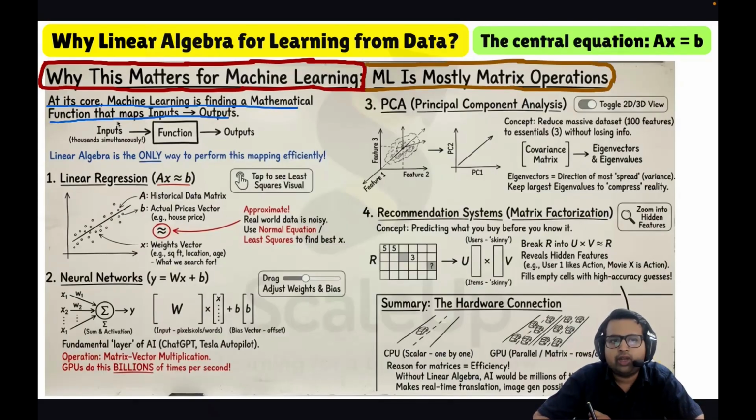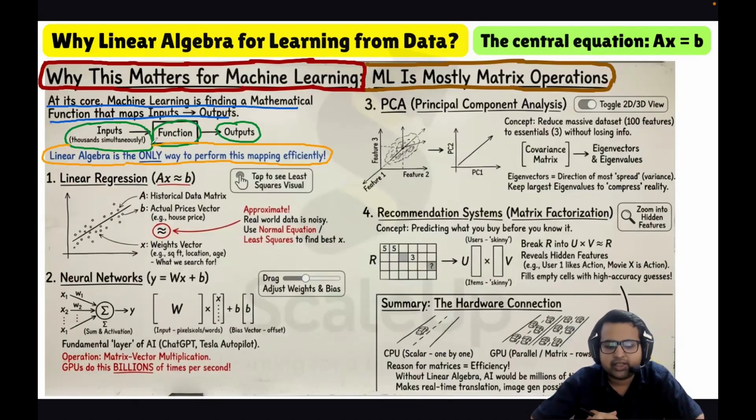We know the inputs, we know the outputs, and we determine the unknown function. Because we deal with thousands of inputs simultaneously, linear algebra is the only way to perform this mapping efficiently. Now let us see how most famous ML algorithms are actually just specific matrix operations.